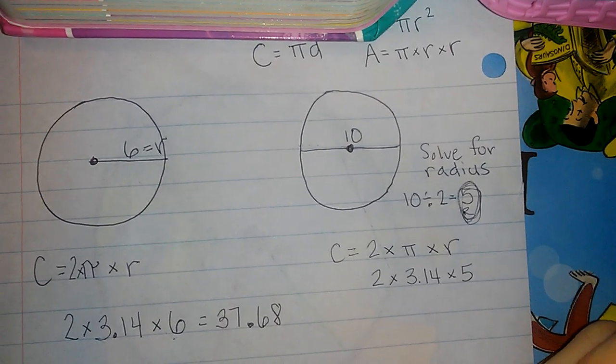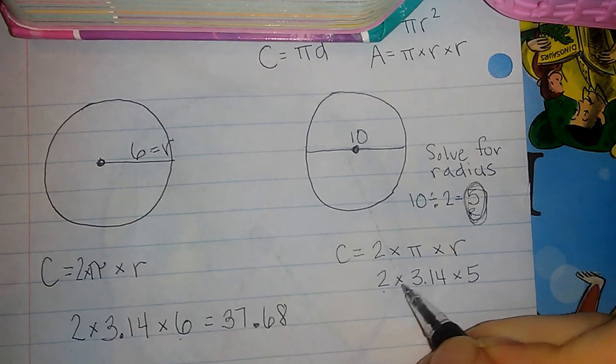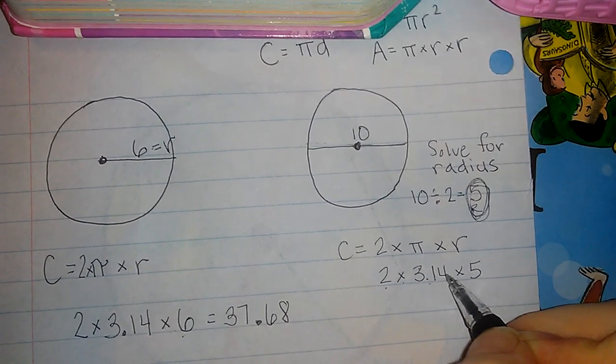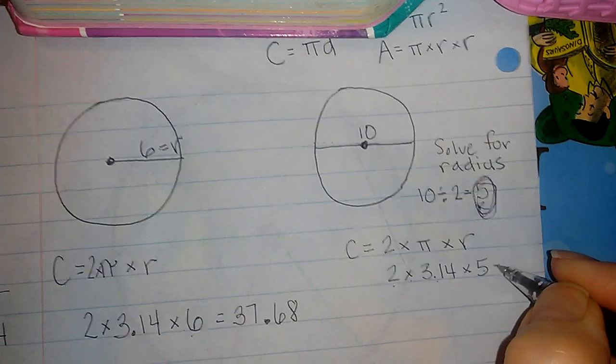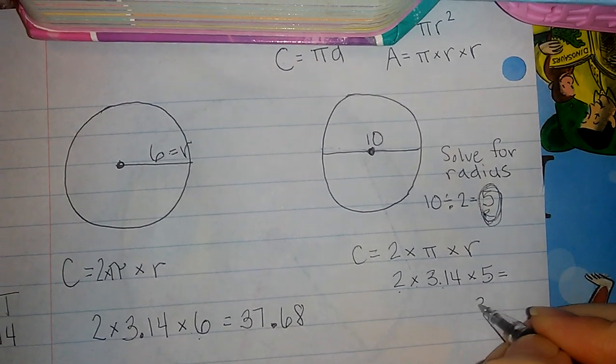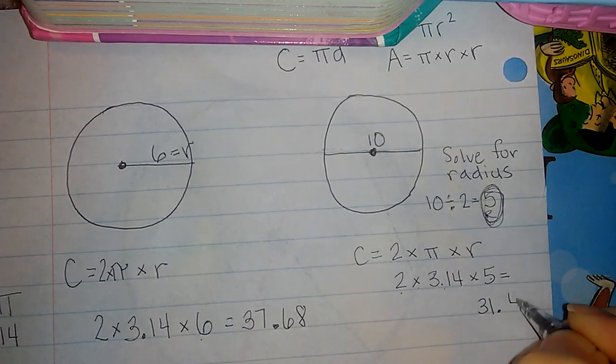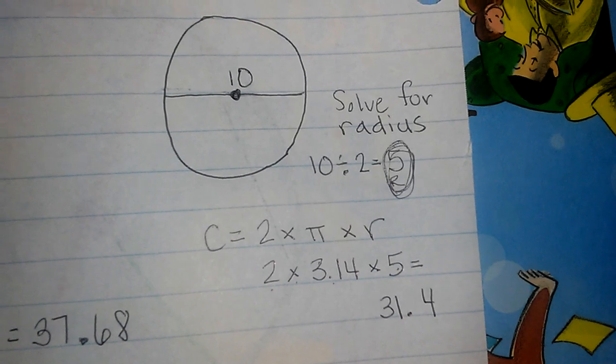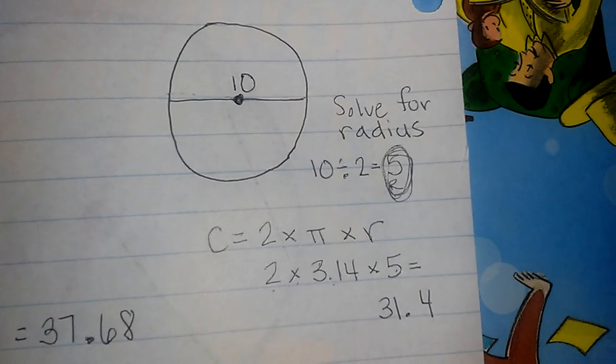When I plug that in and solve in a calculator, 2 times 3.14 times 5, take your time, plug that in, solve it, double check it with me. 31.4 should be our answer for our circumference, the distance around the circle.